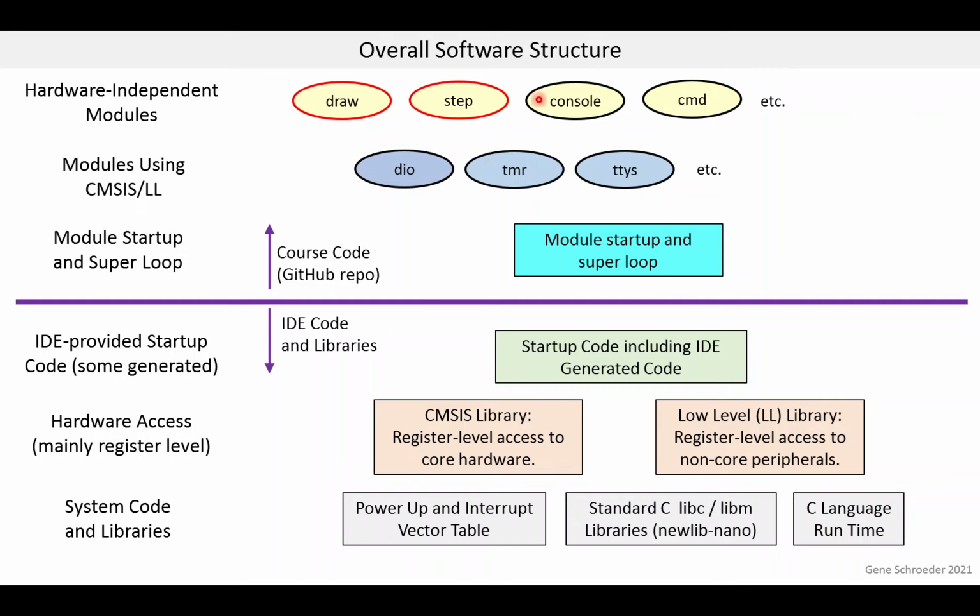The modules with a yellow background do not directly access these libraries. Instead, they use APIs provided by the blue-gray modules. So these blue-gray modules are providing some hardware abstraction. And finally, this teal box shows the module startup code and the super loop where all of the higher level modules are integrated.